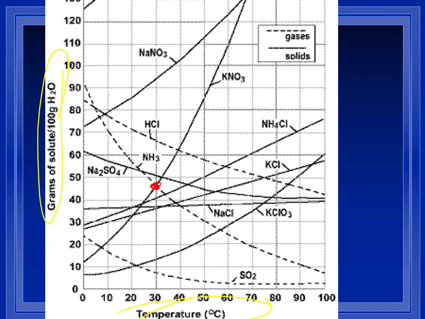So I would have dissolved about 46 grams of stuff. Now I cool it down to 0. At 0, it holds 13 grams. So what I would see is, as I cooled it off, solids start to form. And the pile of solids on the bottom would weigh 33 grams.